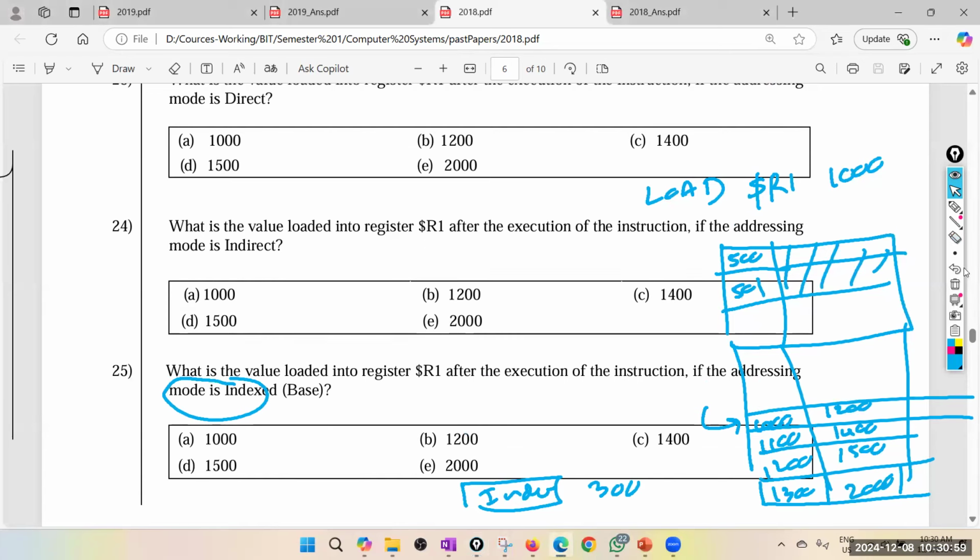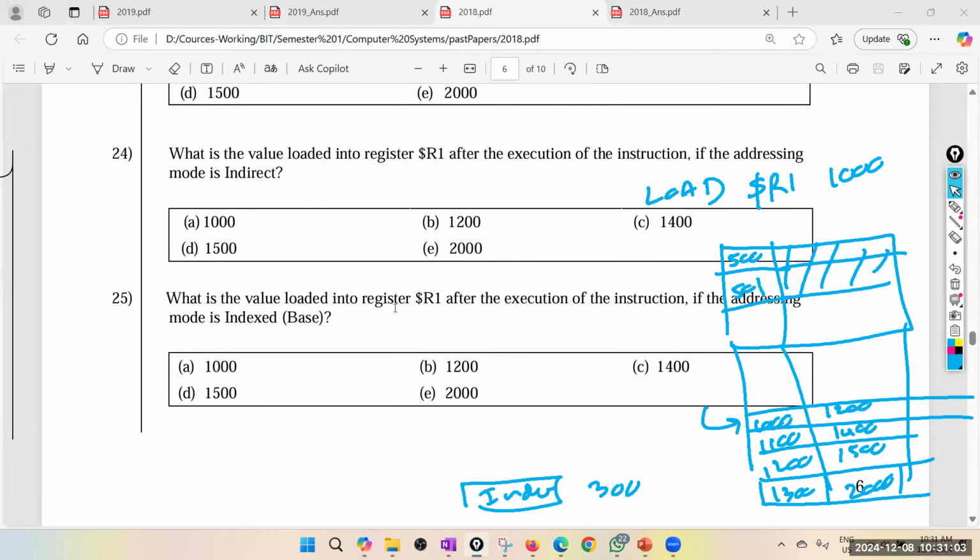25. What is the value loaded into register 1 after execution of the instruction if the addressing mode is base? If it is base, it's the same as indirect, but you need to add the value in the base, so in the index registry. So when you add the value, 1000 plus 300 is 1300.